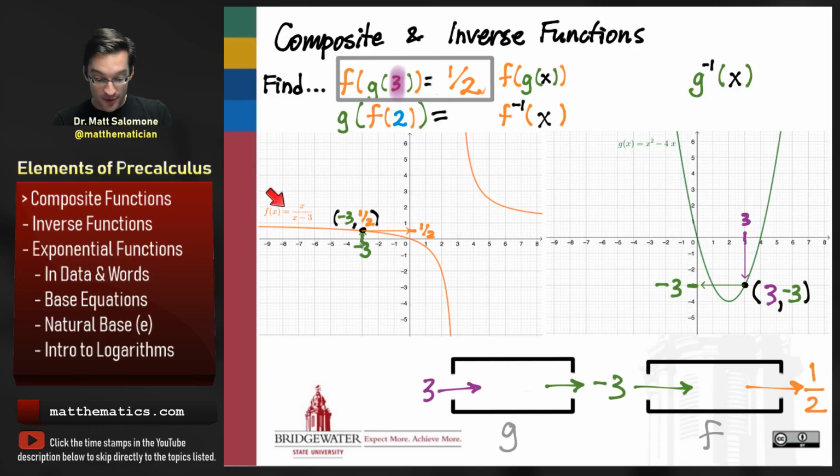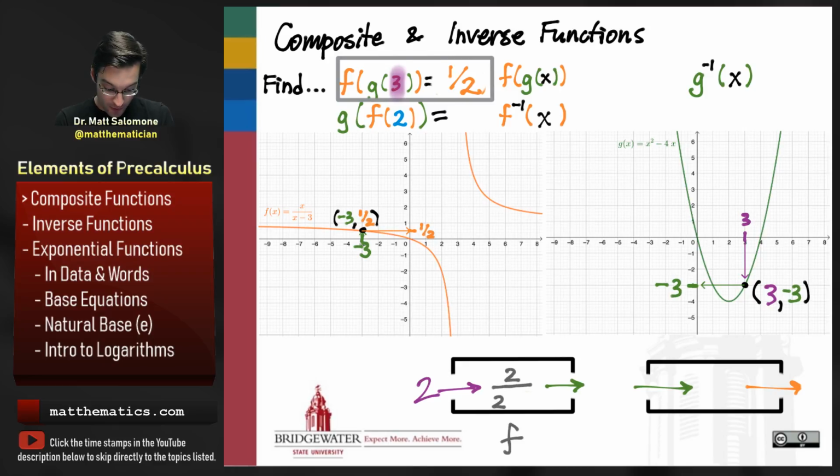Since f of x is x over x minus 3, now we're going to be plugging 2 into the f function, evaluating f at 2. According to my formula for f of x, I'm going to get 2 over 2 minus 3. 2 minus 3 is negative 1, and so I get negative 2 as the value out of my f function.